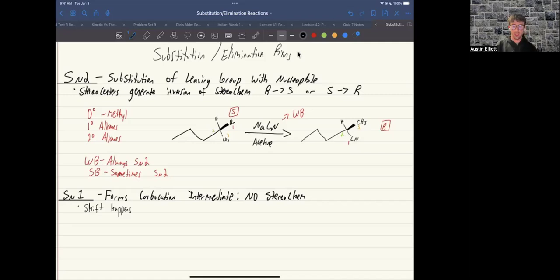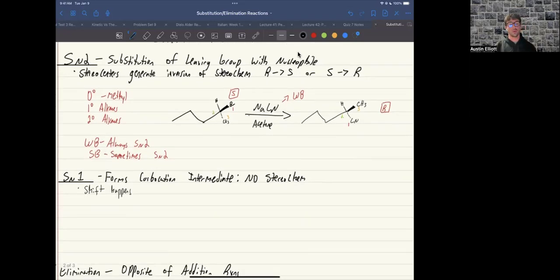Another thing with SN1, when you're doing these, you're only going to see a solvent, one of those aprotic or protic solvents Dr. Berg has asked you all to learn, plus a temperature.